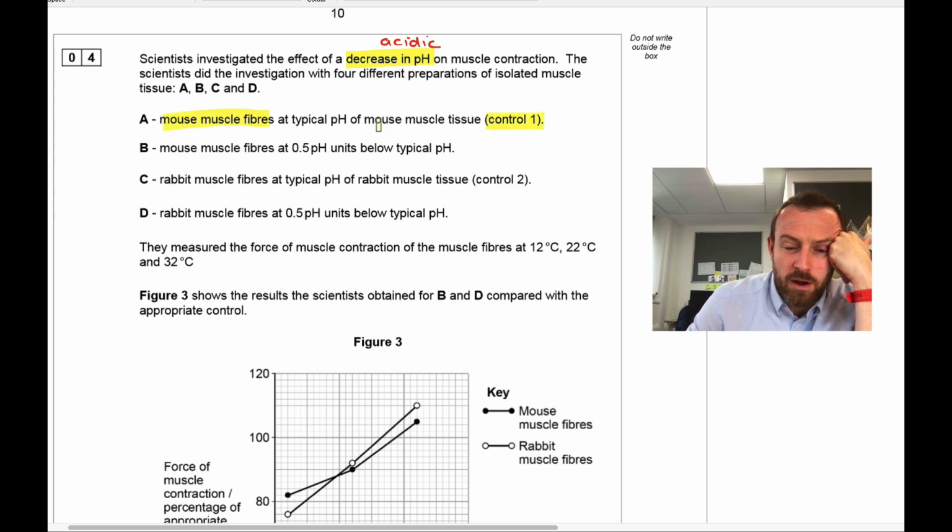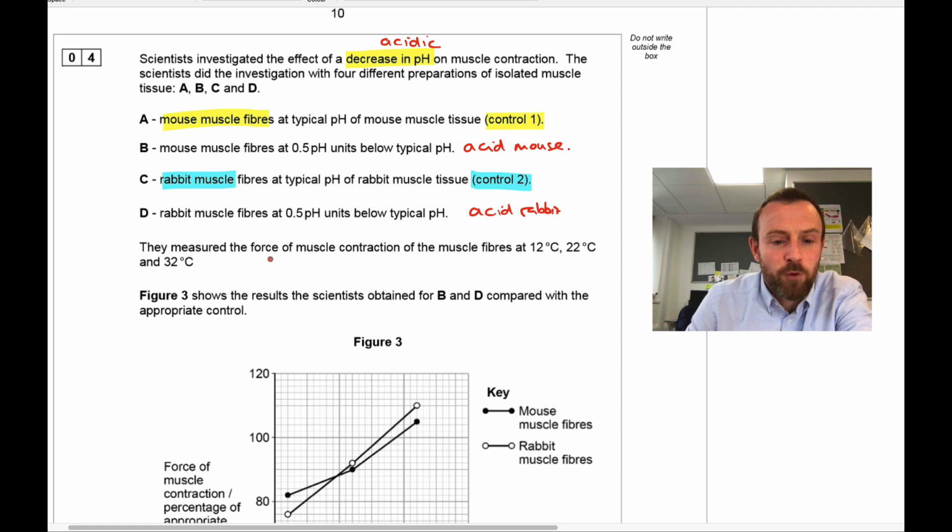Normal mouse muscle fibers. And then mouse muscle fibers at 0.5 pH units below. So I'm just going to call this acid mouse. And then C, rabbit muscle fibers, typical. So that's control 2, normal rabbit. And then we've got acid rabbit.